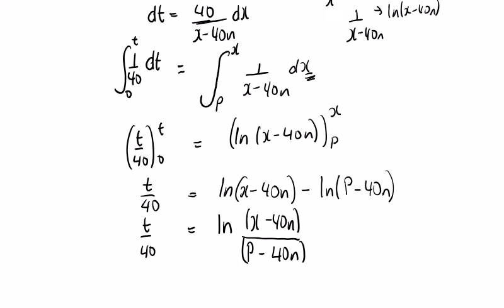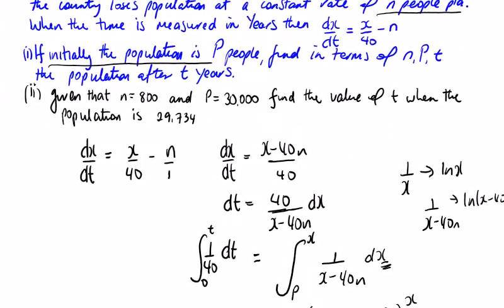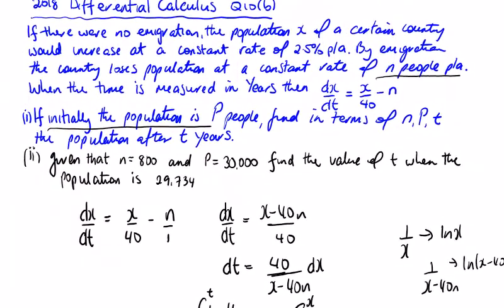To get rid of the natural log, we have to raise the other side to the power, e to the power of, so that's going to be e to the power of t over 40 is equal to (x minus 40n) over (p minus 40n). Just let's check what we were asked again. We're asked to find in terms of n, p, and t the population, which the population was x.